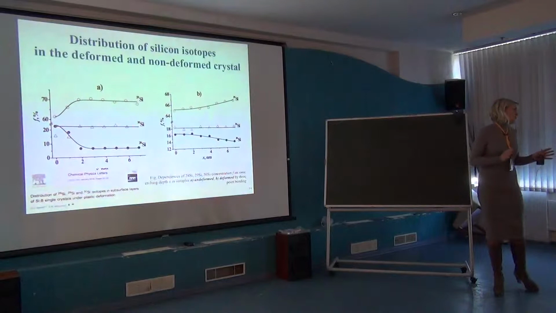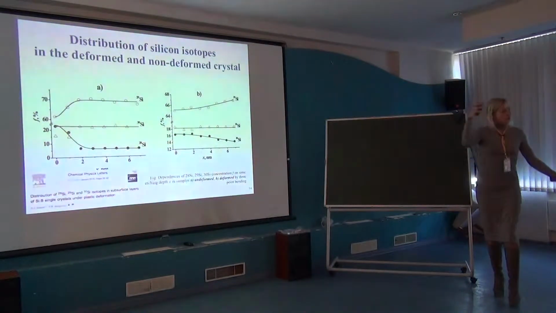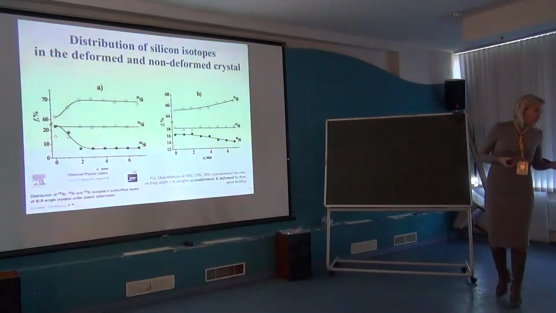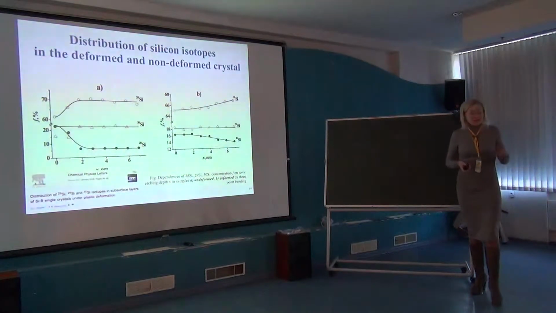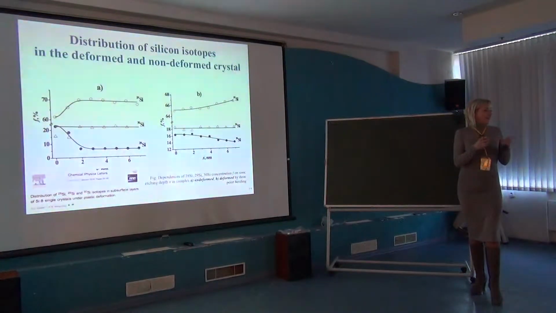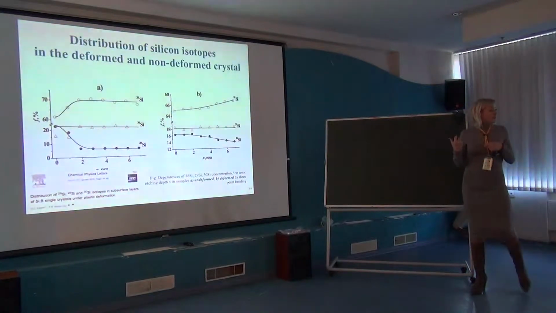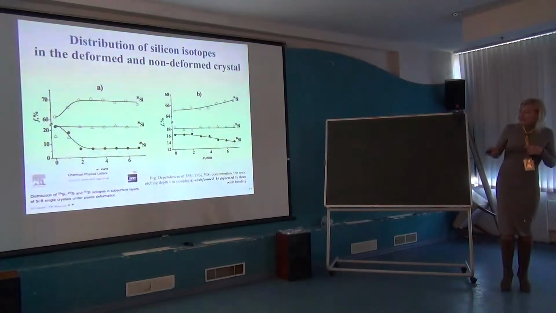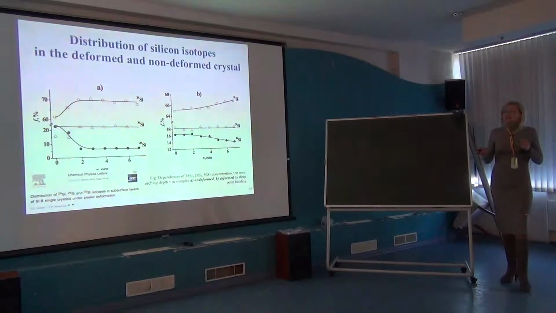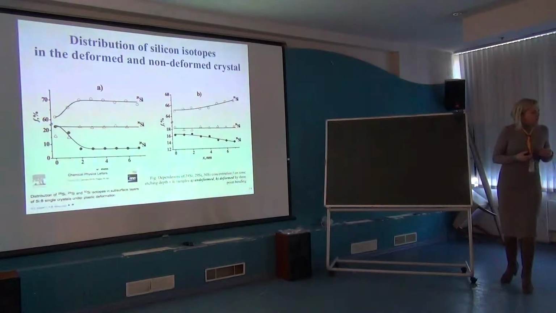It's okay, it's normal, because it's a crystal that was grown, so surface oxidation, and so on. And if you deform your samples, this profile changes a little bit. And we found that it depends on the type of deformation.